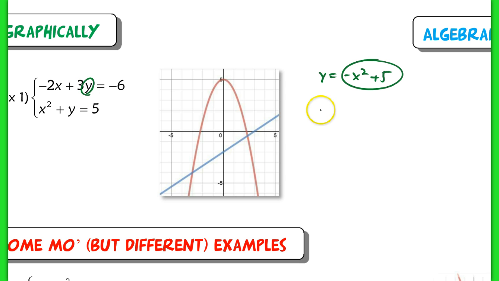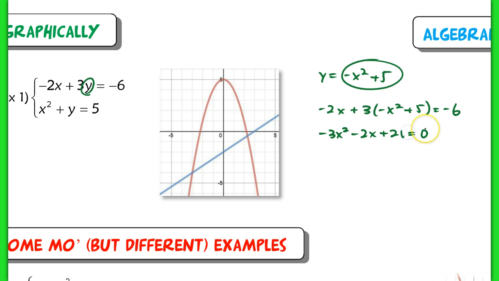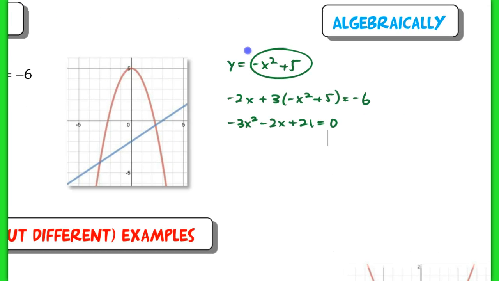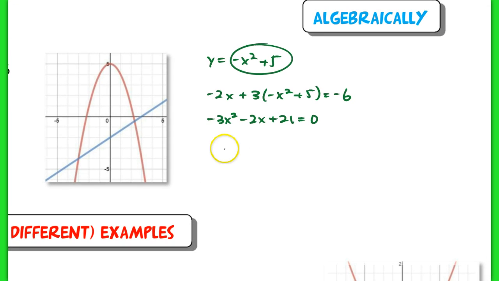So this is just like a normal substitution question where you have negative 2x plus 3 times negative x squared plus 5 equaling negative 6. Let's simplify this. So negative 3x squared minus 2x, adding the 6 over here to the 15, I'll get positive 21 equals 0. Now this problem is actually factorable after I take out that negative sign.